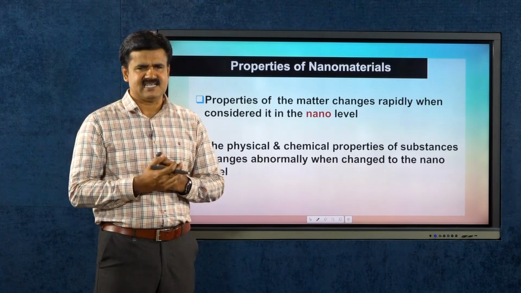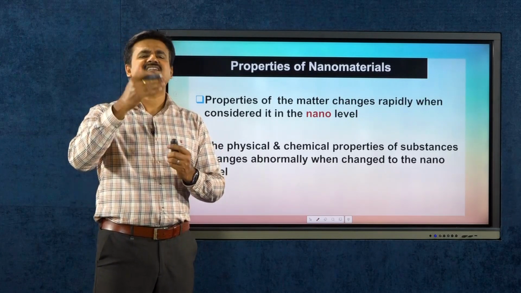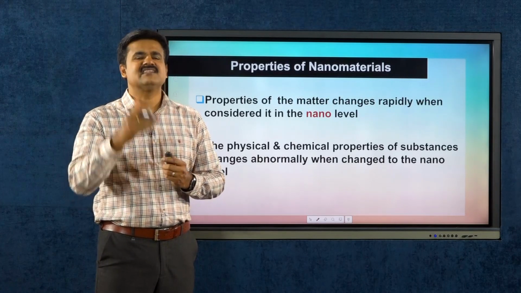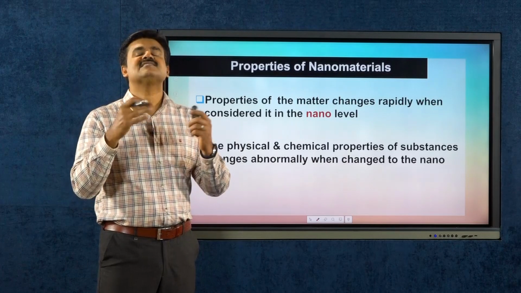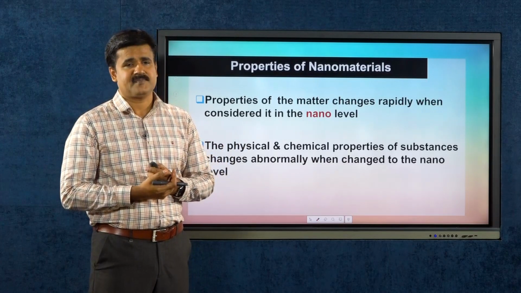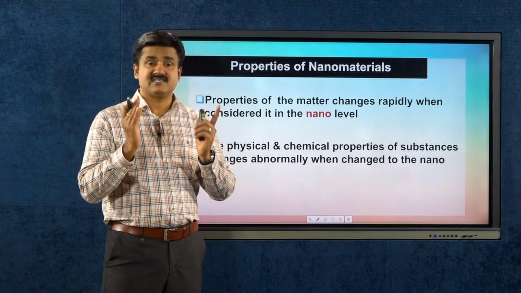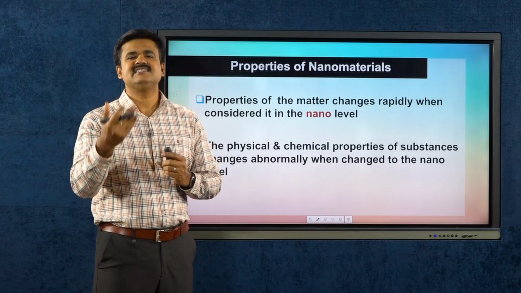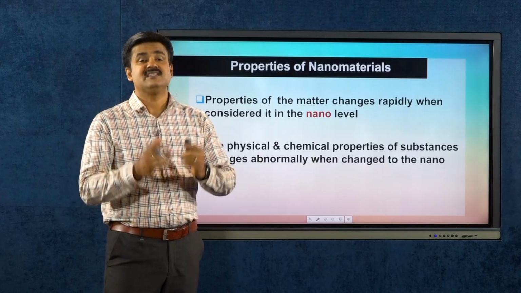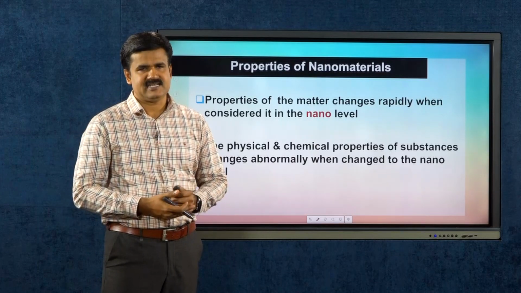This simply implies that whenever we take a bulk material and reduce it to the nano level, the size is reduced to 10 raised to minus 9 meter level, and its properties change drastically. That means the physical and chemical properties of substances change abnormally when changed into the nano level. This is an important aspect associated with nanomaterials.